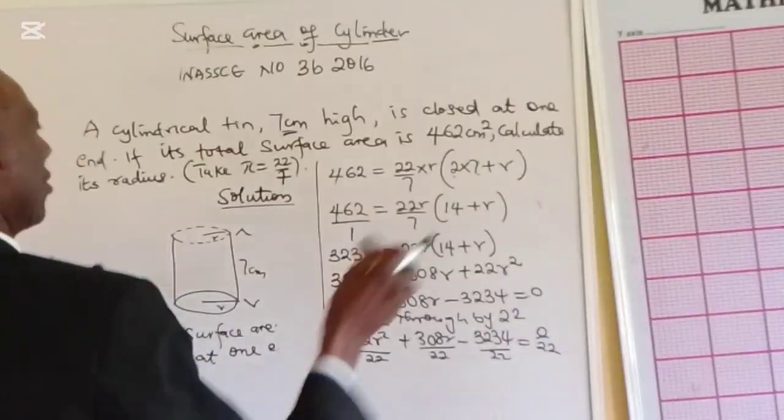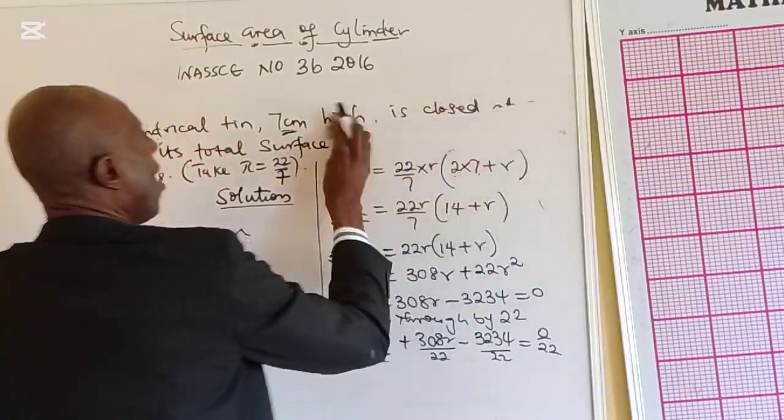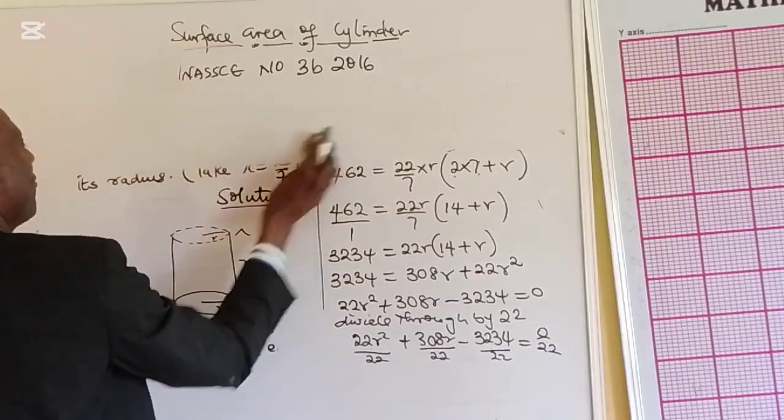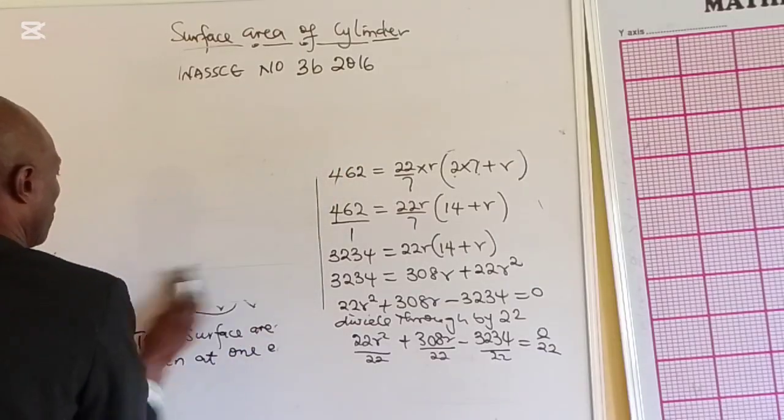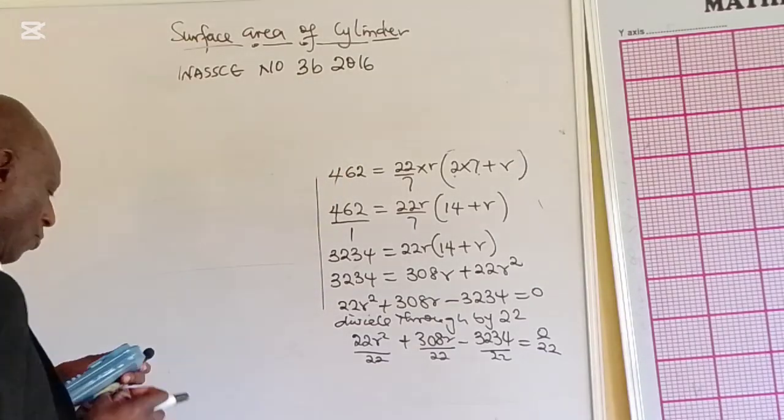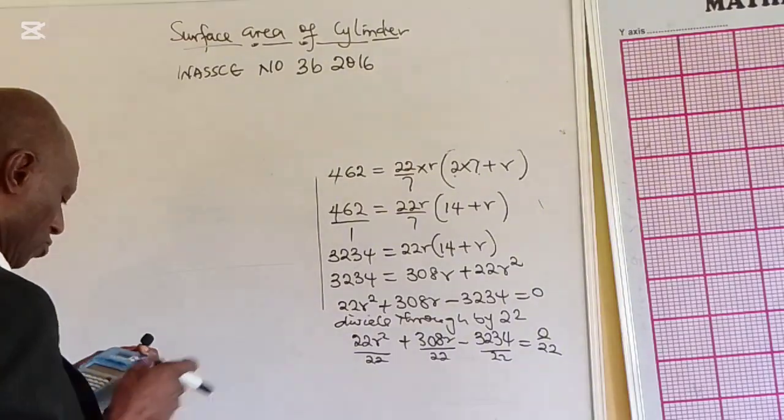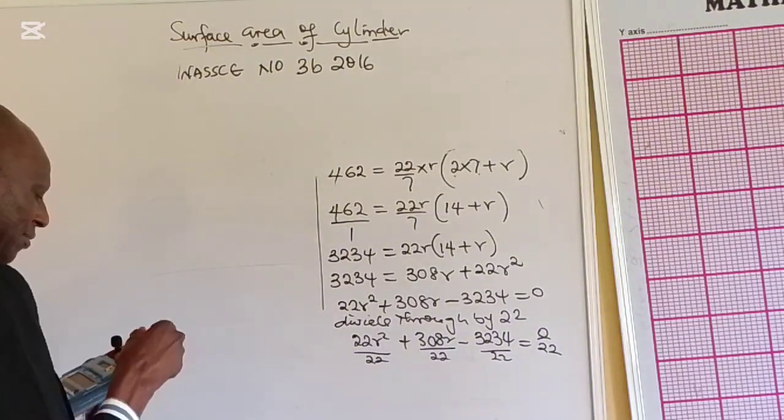So let's just keep on solving. When you divide that by 22, here we are left with r squared.